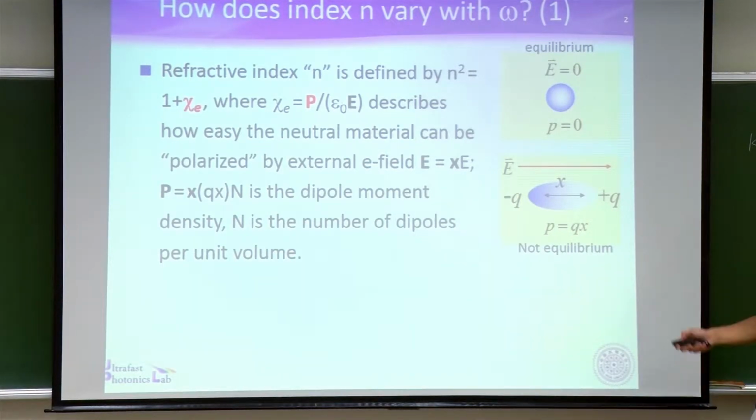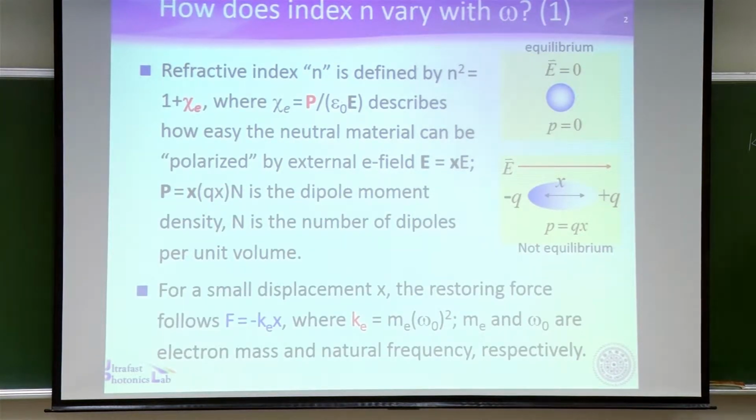So this is the formula of big P. And if you can relate the ratio between big P, the polarization density, and the external electric field big E, you can get chi e, and after that you get n. So that is the strategy of analysis.